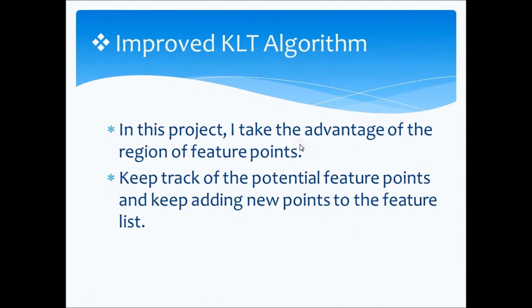In this project, I take advantage of the region of feature points. Instead of just using the information given by the feature list, I keep track of the potential feature points and keep adding new points to the feature list to get a better tracking performance.